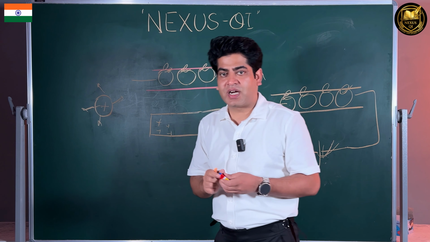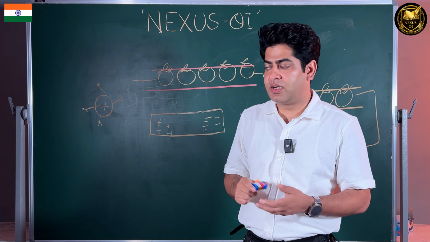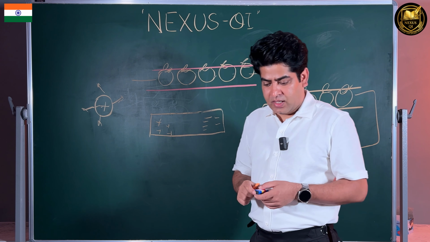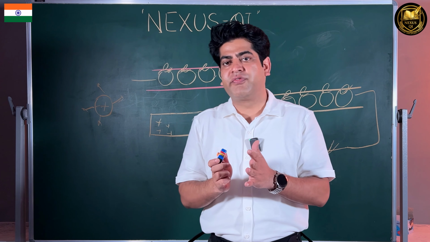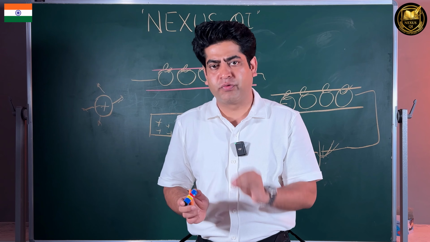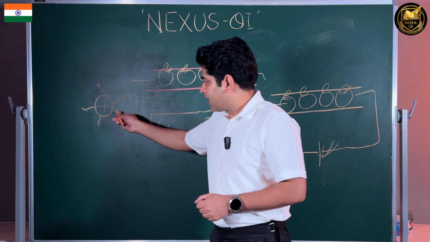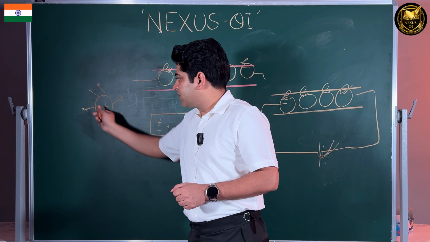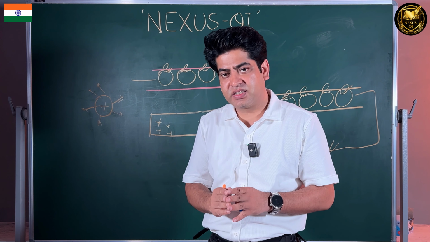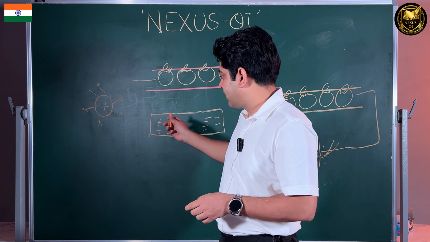Due to this positive charge only we are going to get the field. So a positive charge produces a field. And the meaning of field is nothing but just like a force. You just understand field is nothing but a type of force. So each and every positive charge applies a field, and this field is just a force.